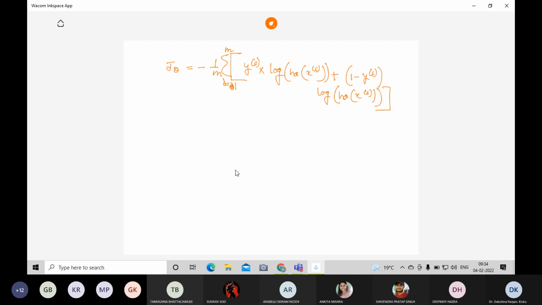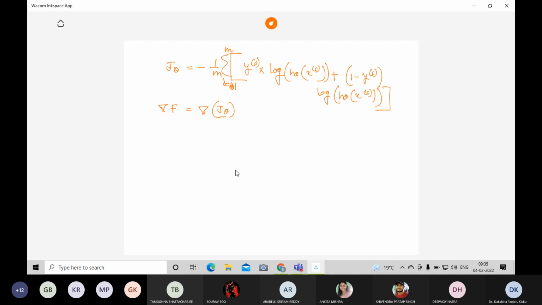Now what we do, we compute the gradient of f, which means gradient of J theta. The gradient of J theta will tell us which direction we should go to get the optimal value, or the global minima.